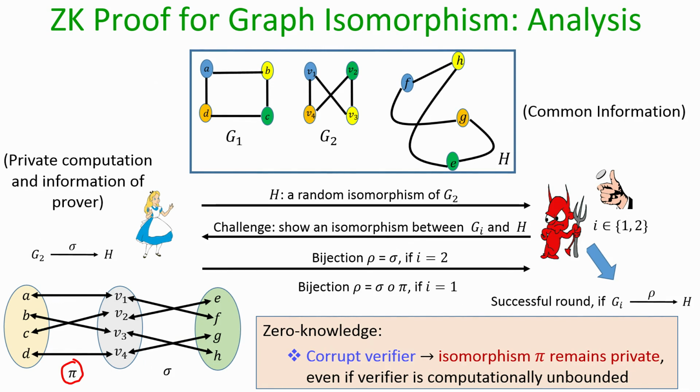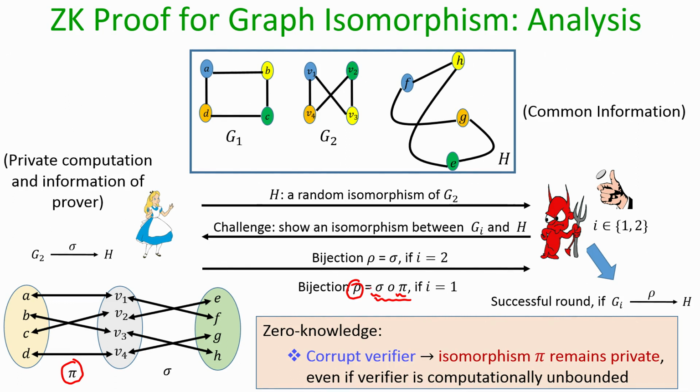On the other hand, if the verifier challenges Alice with i equal to 1, then Alice responds with the composition of the secret mapping pi with another randomly chosen mapping sigma. Since sigma is randomly chosen in each iteration, you can imagine that sigma acts as a kind of mask. Since sigma is randomly chosen and pi is available only with Alice, this composed mapping does not reveal anything about the secret mapping pi, because the masking mapping sigma is randomly chosen by Alice.